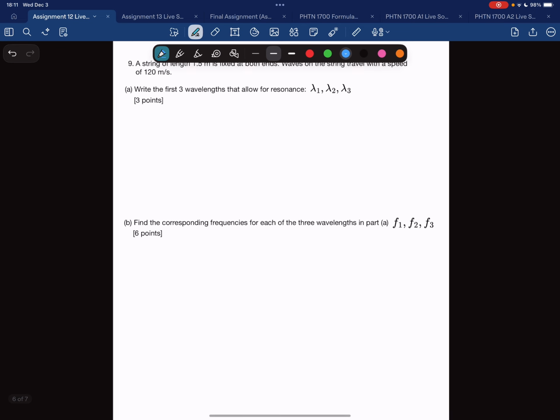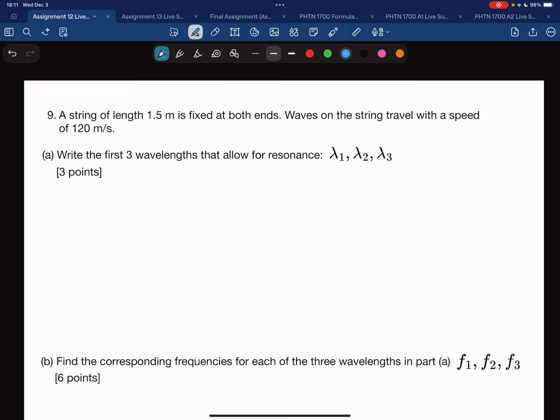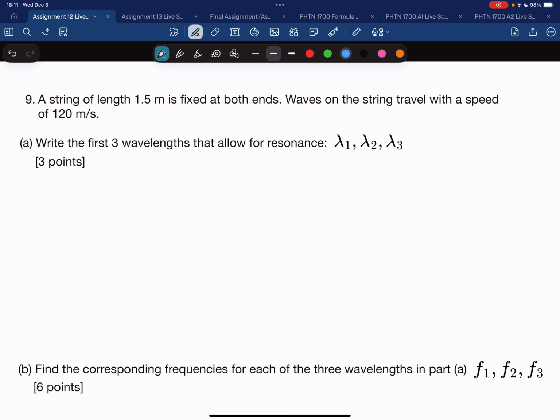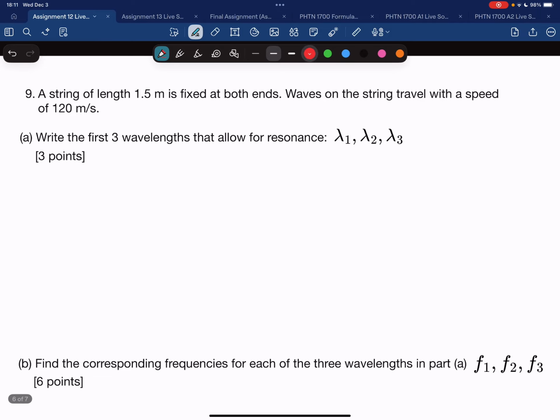9. A string of length 1.5 meters is fixed at both ends. Waves on the string travel with a speed of 120 meters per second. Part A, write the first 3 wavelengths that allow for resonance. So I'm going to do lambda 1, lambda 2, and lambda 3, like this.